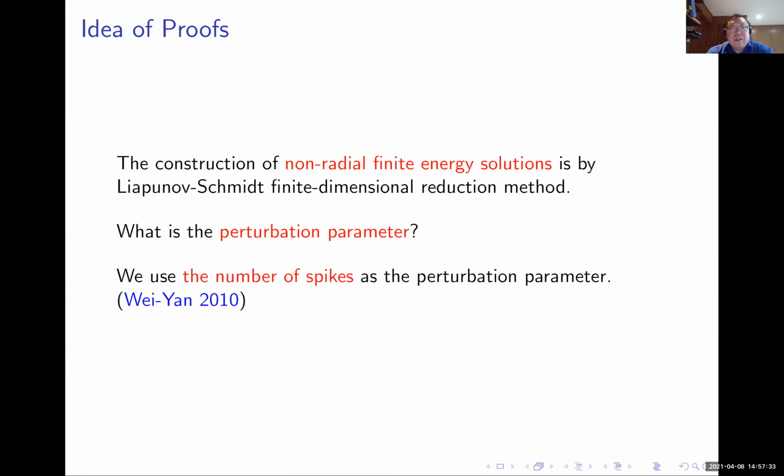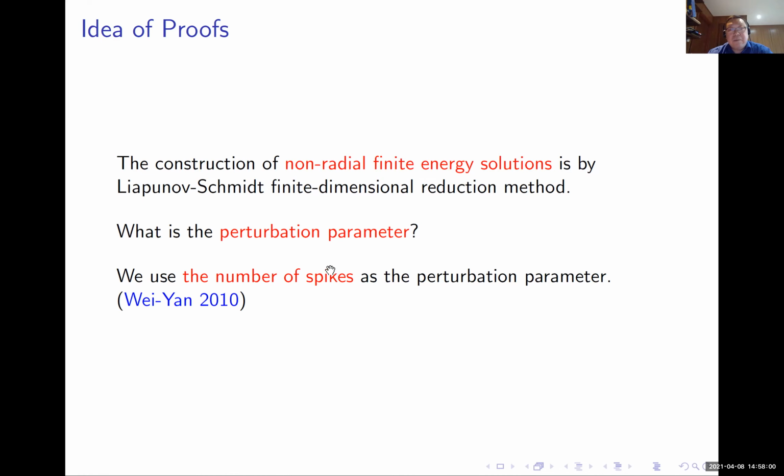We use the number of spikes, the number of bumps, as a perturbation parameter. Somehow we artificially create a parameter, which is the number of spikes. We used this idea for other problems with Shusen Yan in 2010.